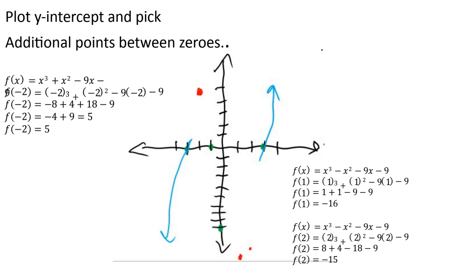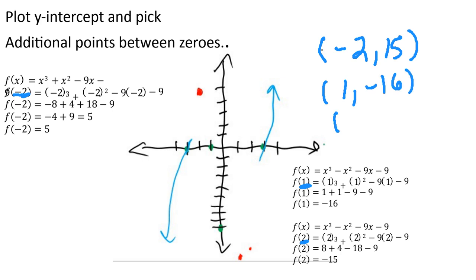Okay, and then the additional points are these examples that are here. The additional points that were chosen here are -2, 1, and 2. So the other points that we're going to graph are (-2, 15), (1, -16), and (2, -15). And those are these 3 red dots that you see here on the graph.